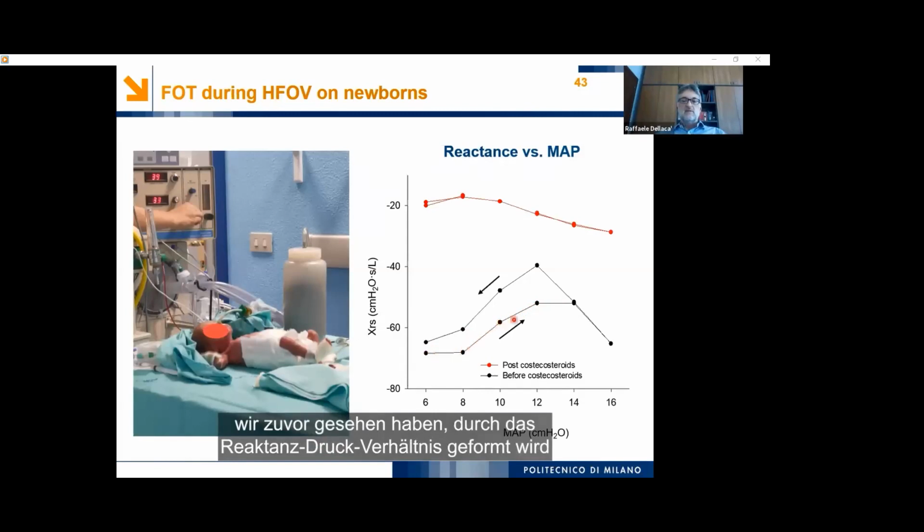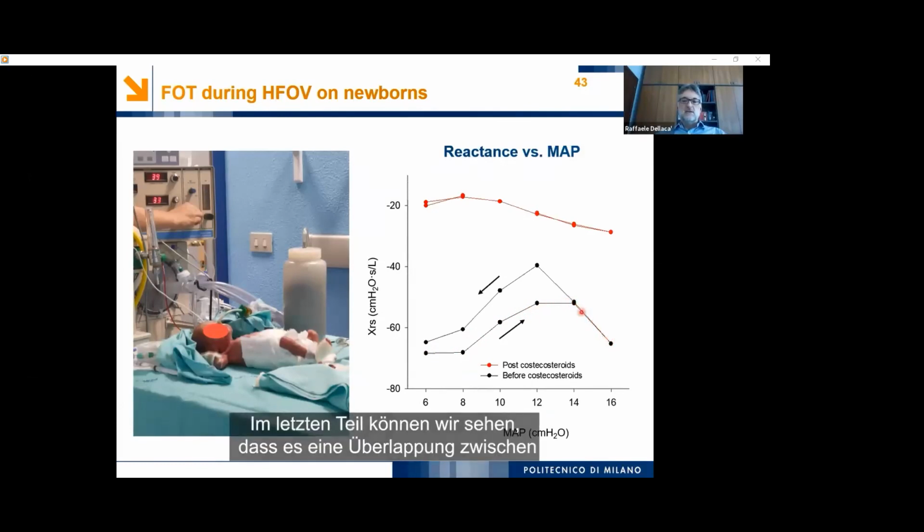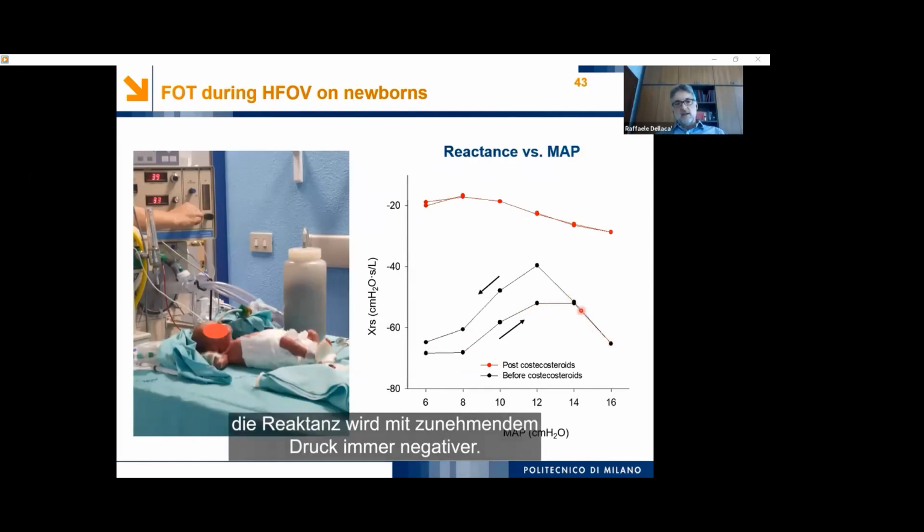increasing limb of this mean airway pressure trial that is moving below the decreasing limb for most of the pressures explored by this trial. At the last bit we can see that there is overlap between inflation and deflation, and the reactance is getting more negative with increased pressure.